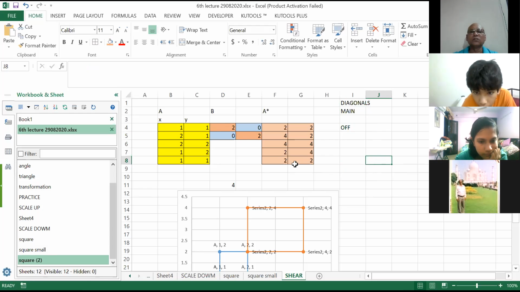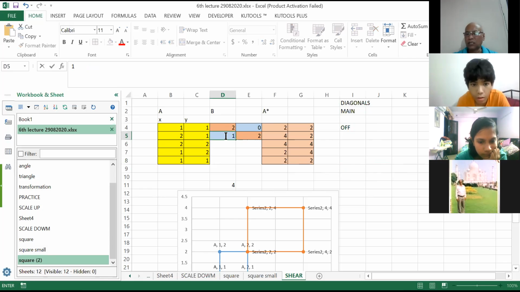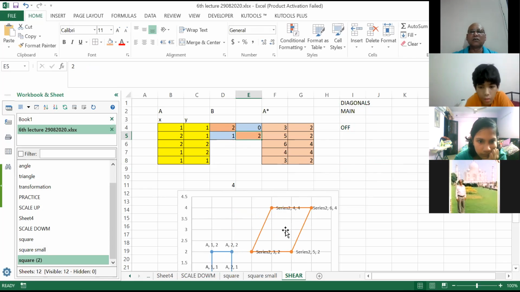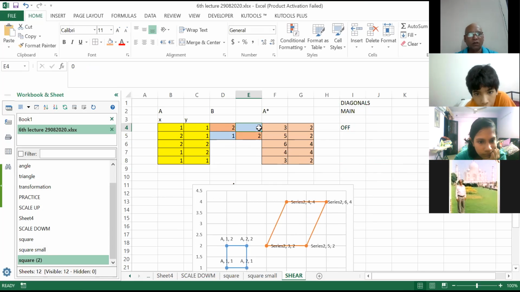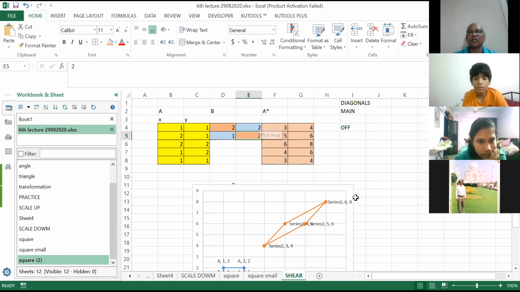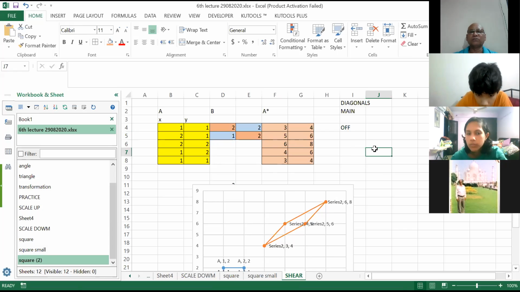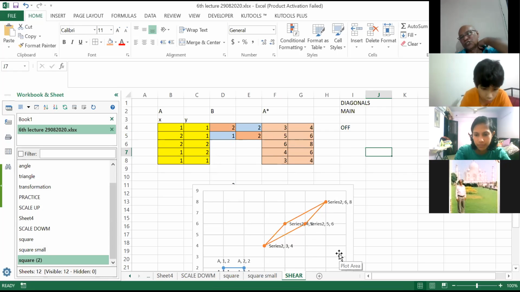So if there are some elements in the off diagonal, you see how non-uniform deformation can happen. This is called shearing, distortion. It is not maintaining its regular shape. So this type of transformation is called shearing. Off diagonal is for shearing.